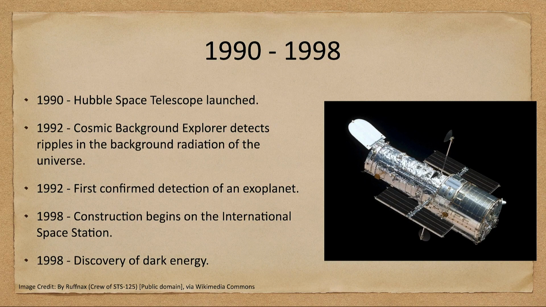Now continuing on into the 1990s, we see the launch of the Hubble Space Telescope to explore the universe in visible light from up above the atmosphere and getting above the blurring effects of our atmosphere.